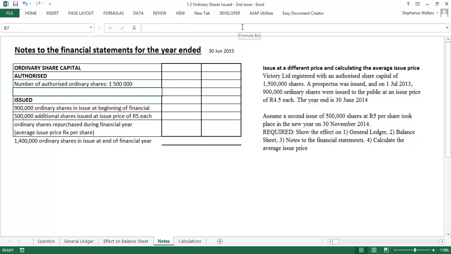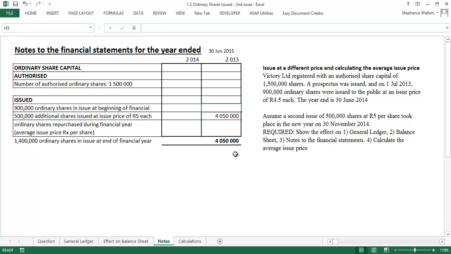All right. Then in the first year, I had 900,000 shares that was issued. So that was in the previous year. This we had a calculation 1 year of 4.05. This balance at the end of the first year was 4.05. So this is the previous year, 2013, and this is the current year, 2014. All right.